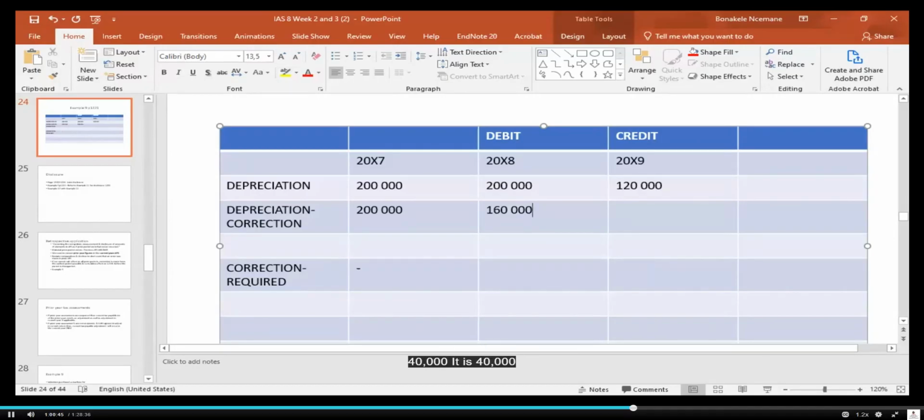It is 40,000. So that is the difference. Now, what is this 40,000? Is it a liability or is it an asset? It's a liability. Why do you say it's a liability?